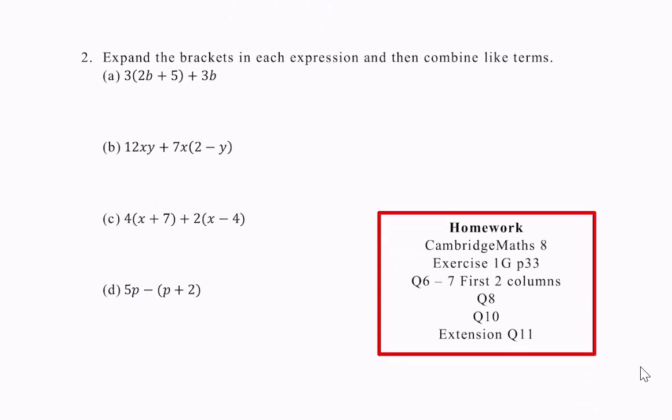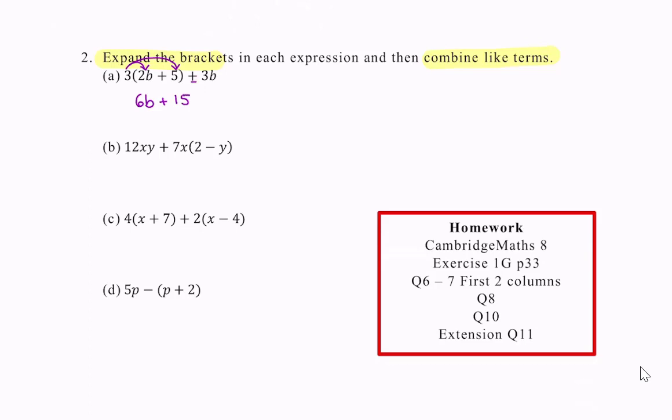Now we get to build upon that because now we get to expand the brackets and we get to collect the like terms. So let's have a look at how we go about doing this. The first thing is we're going to expand the brackets. So I'm going to go 3 times 2b, which is 6b, and 3 times 5, which is 15.